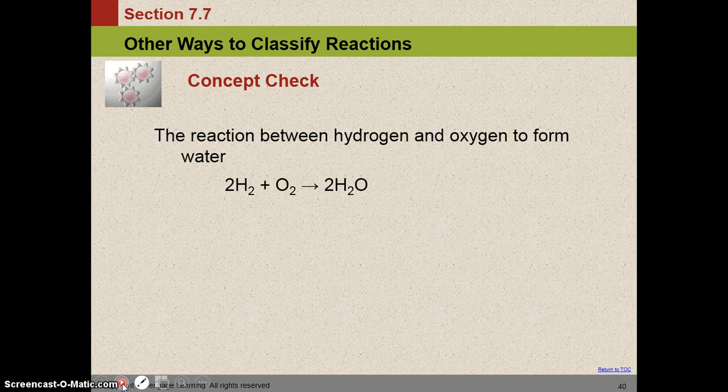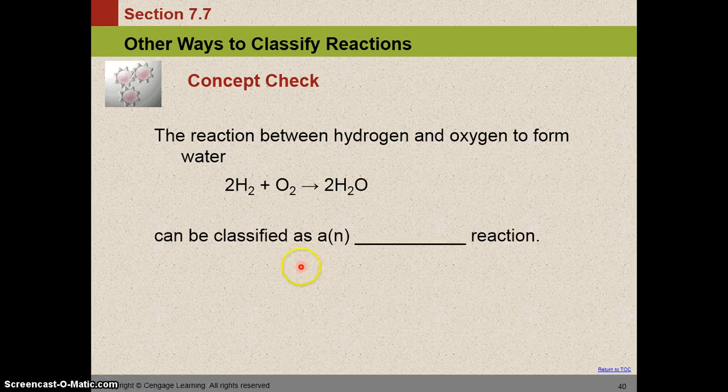The reaction between hydrogen and oxygen to form water. This can be classified as what type of reaction? So you just have to look at it and say, okay, what am I dealing with? First of all, just start and ask yourself, is it a precipitation reaction? Do we have an aqueous plus an aqueous yields a solid and an aqueous where we have the double switch? And that's not happening.